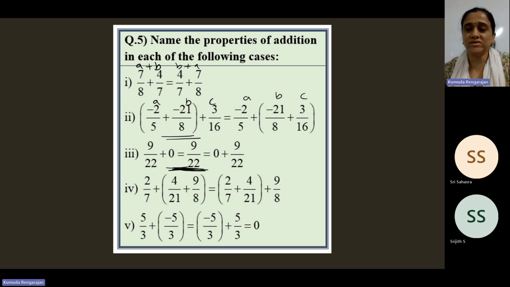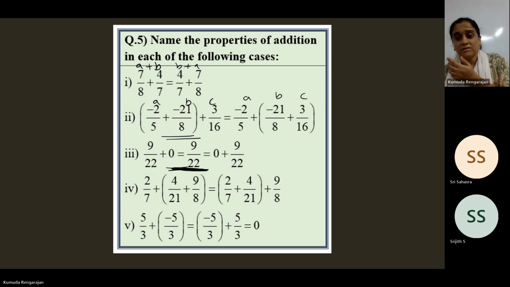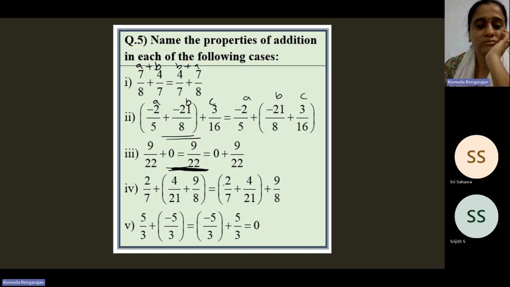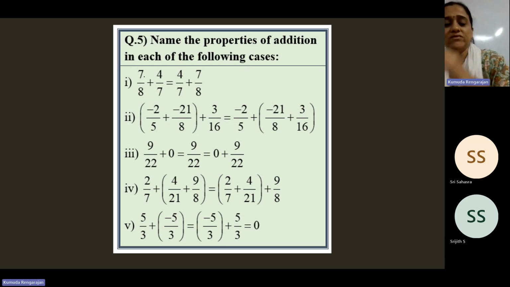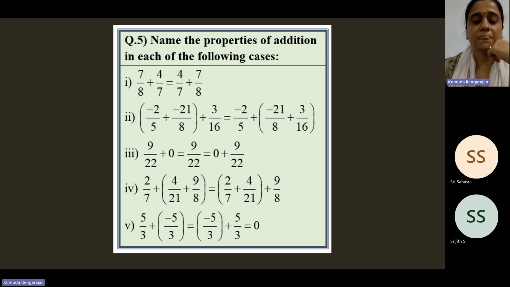What is this? Online children, what's the property here? Commutative, ma'am. No, associative. Okay, Srijit, the property for the first one? Commutative, ma'am.